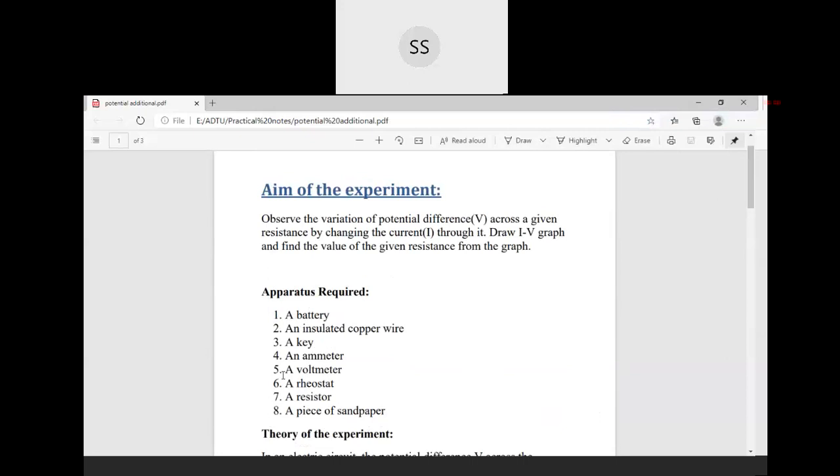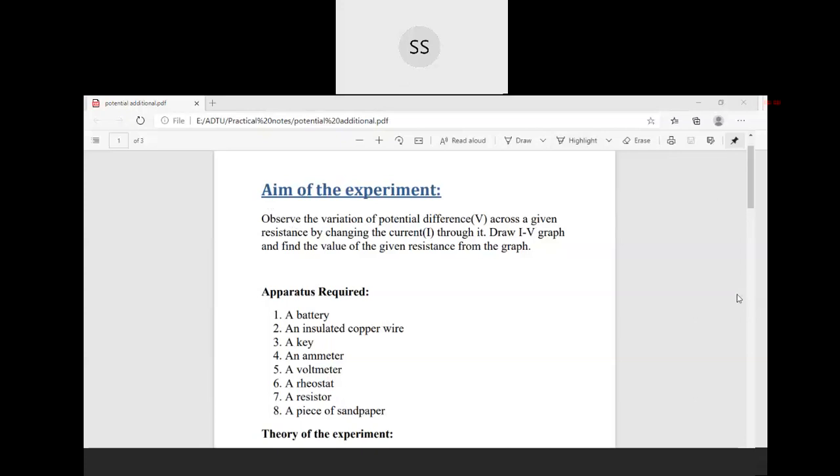We will write down the values of current and potential difference, put them in an I versus V graph, and from that graph calculate the resistance of the material. The main aim of the experiment is to find the resistance.